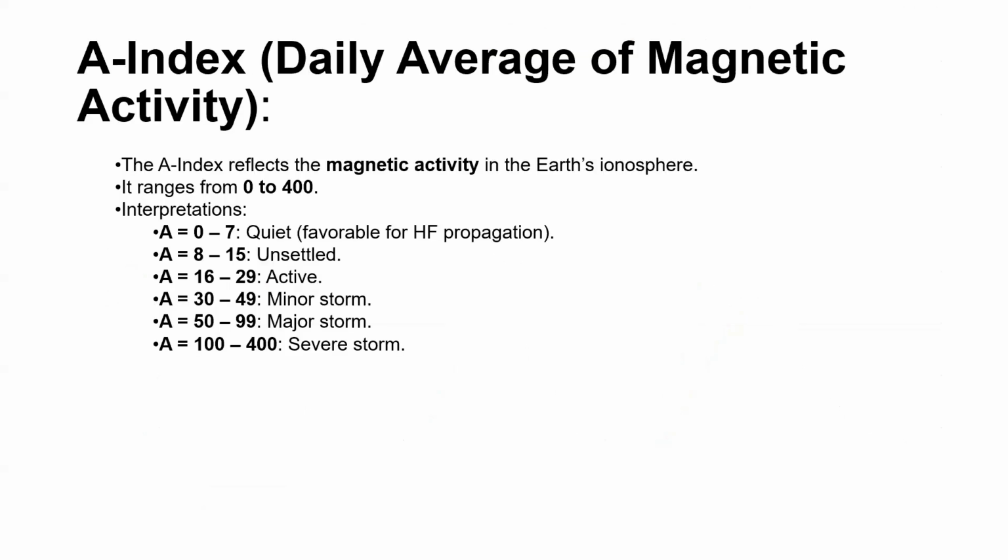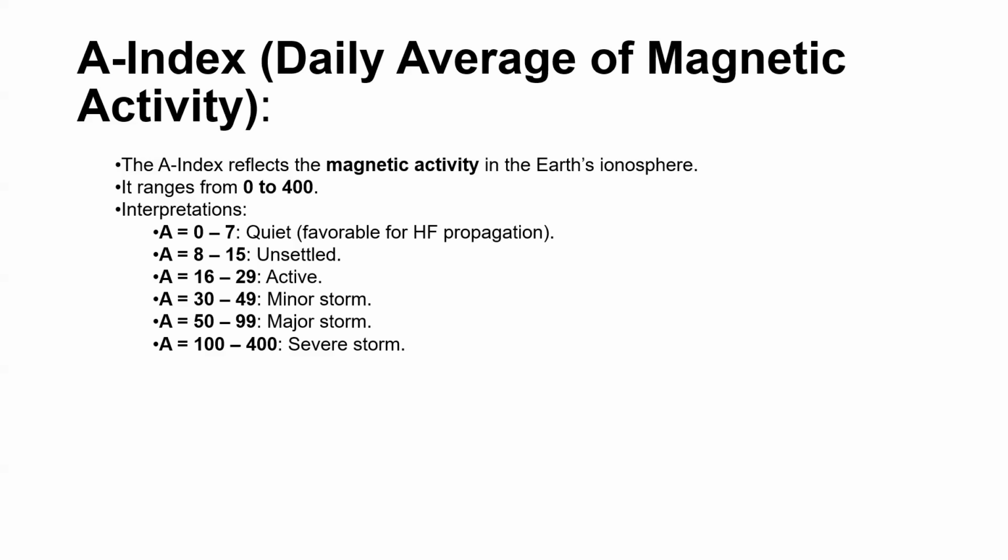So we covered SFI. Next, the A index, which is daily average of magnetic activity. And so the Earth's ionosphere, I can't really give you a physics lesson, but when there's a CME, the charged particles from the sun will influence the Earth's ionosphere, and that's what we're talking about.